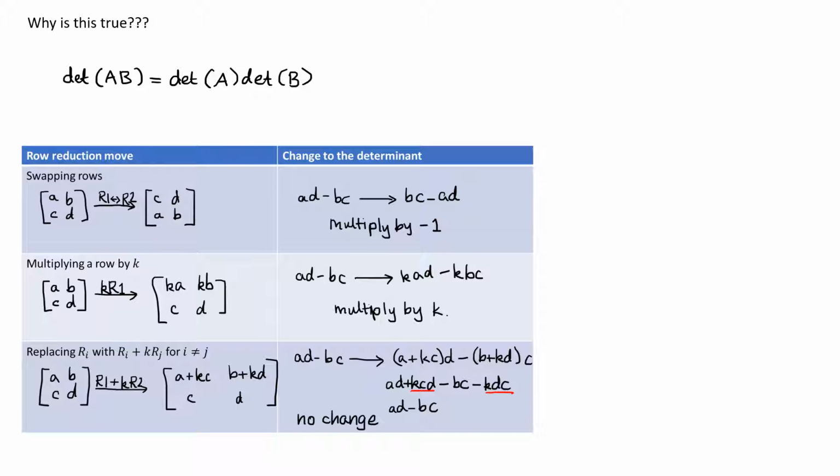So for example, if we look at a row swap, if we have the matrix 0, 1, 1, 0 times A, B, C, D, this swaps the 2 rows A, B, C, D, giving us C, D, A, B.